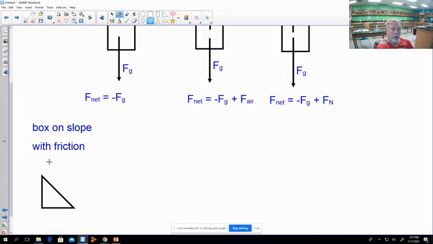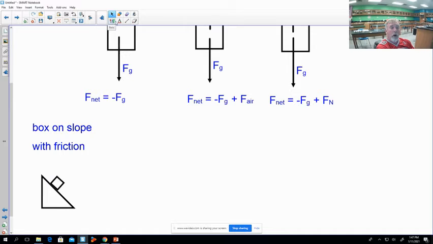Let's put a little box on our slope. There we go. So let's draw our free body diagram force for this.